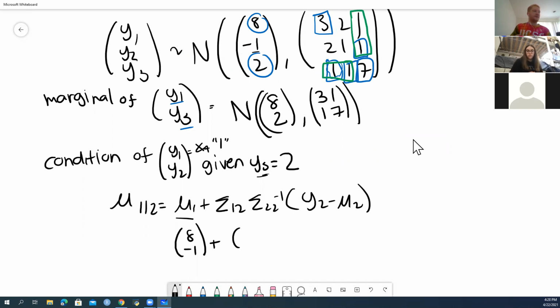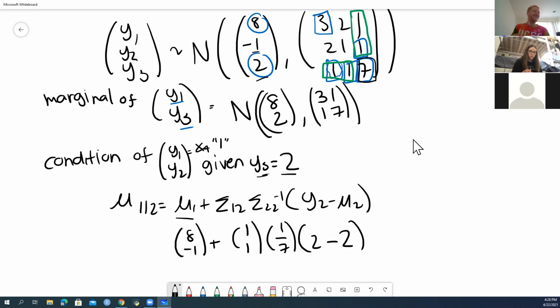Yeah, it would be this one. Sorry. I always had a professor say, just figure out the dimensions afterwards. Because I think this is 1,2, and this is 2,1. Sigma 2,2 inverse is going to be this inverted. So it's going to be 7 inverse, 1 over 7. Y2, as we said, was just 2, and then mu2 is 2.